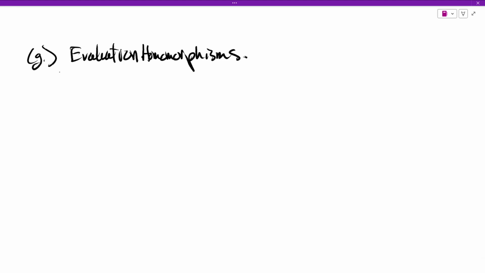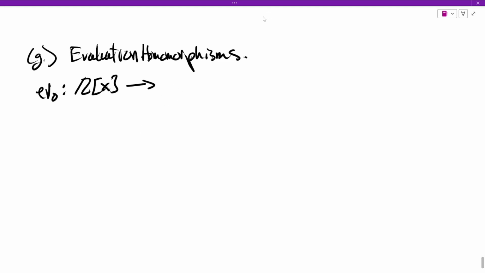So suppose that we're considering polynomials over Z, and let's pick our favorite integer. My favorite integer today is 0. So I'm going to call this ev sub 0, and it's going to be a function from Z to Z. In fact, let's spice it up a bit.